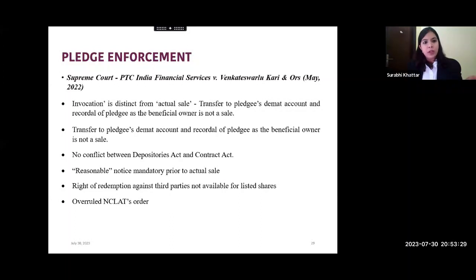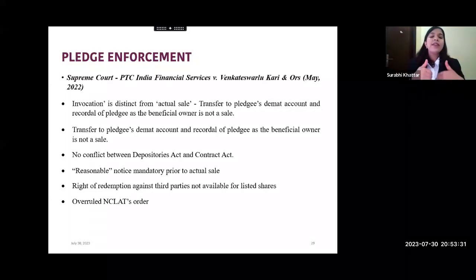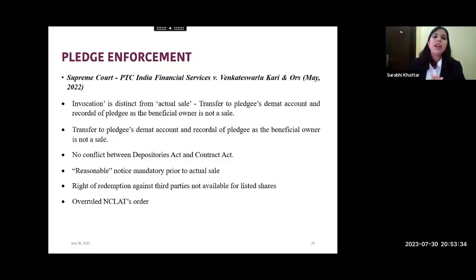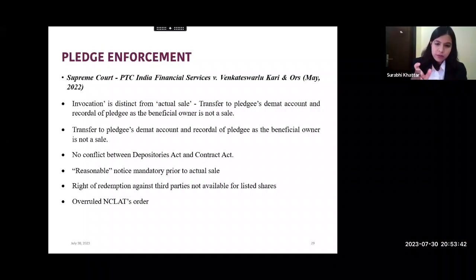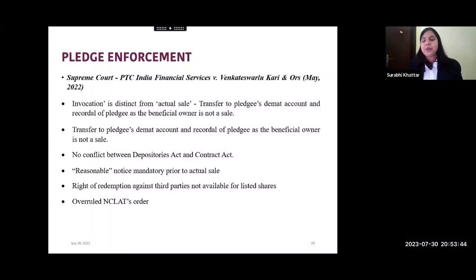after a pledge is invoked, in order for the lender to proceed with sale of those shares, it will first have to take possession of those shares. And in case of demat shares, the way to take possession would be that in the depository records, the beneficial owner of those shares would be changed.